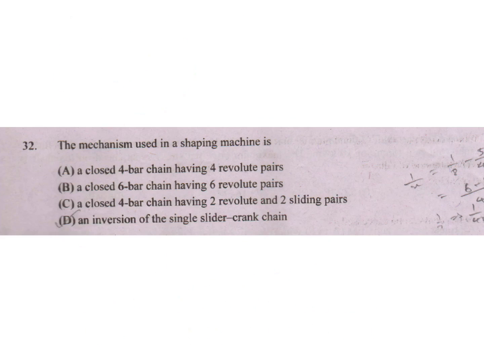The mechanism used in a shaping machine: single slider crank chain, second inversion and third inversion. Second and third inversion both were used in shaping machine, single slider crank chain.